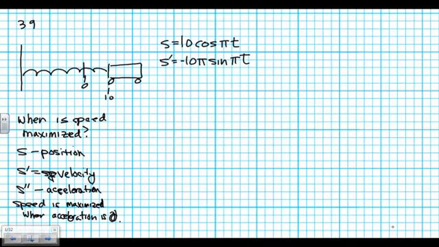And then I'm going to take the derivative of that so I can find out what S double prime is. And it's going to be negative 10 pi squared cosine of pi t.